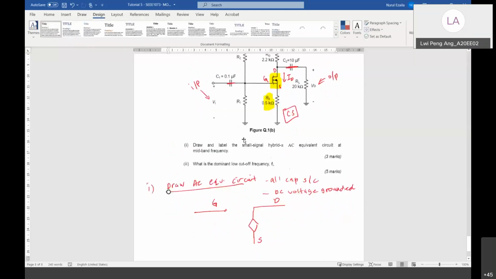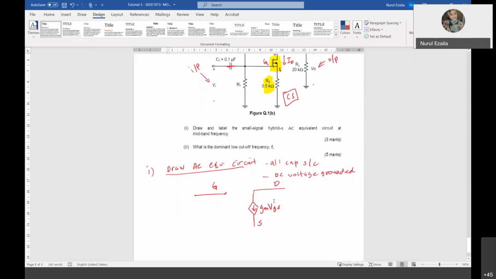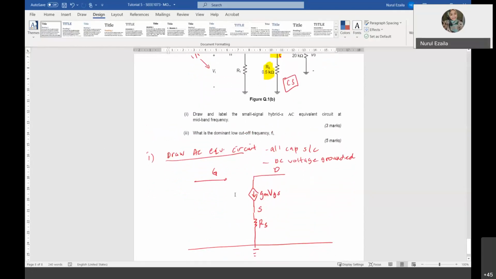At the source, we have RS. And don't forget VGS from here. So this is your hybrid pi model. Done.